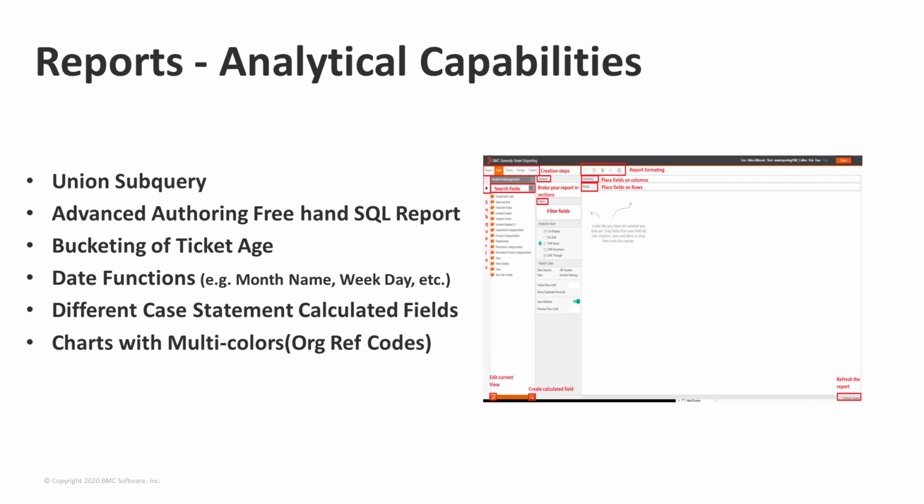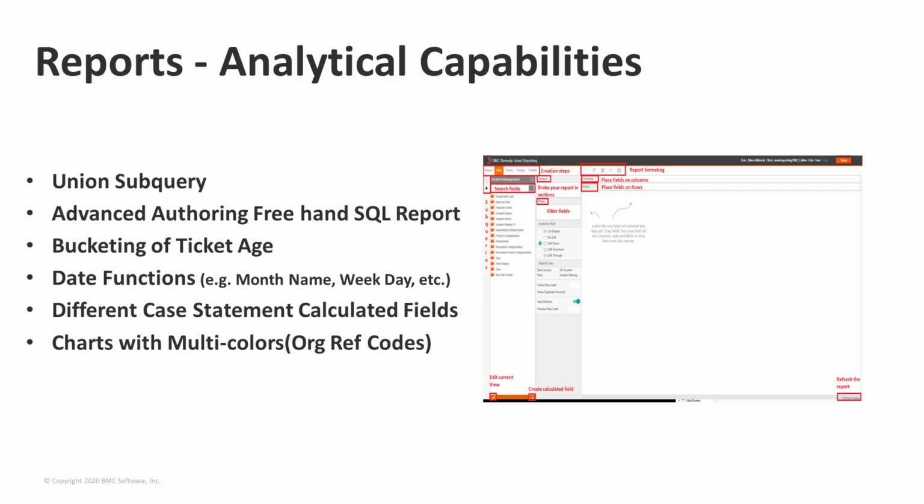We have a way to create a report using the freehand SQL without using a view. So please note here, this is not a standard database SQL, but here we have the ARJDBC SQL, which is different than the standard DB SQL.